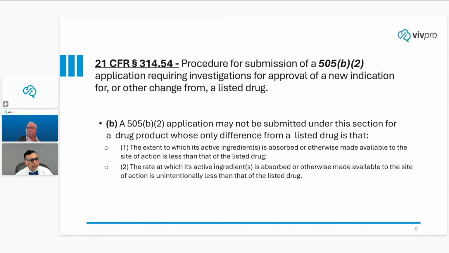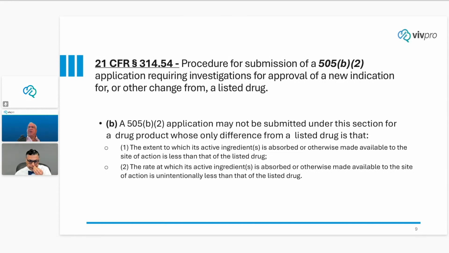Okay, thank you. And the next question is, can the 505(b)(2) route be used for a new topical combination of two already FDA-approved products? Absolutely, yes, because both of them are approved, and you could rely on the information from these two applications to put your application together.